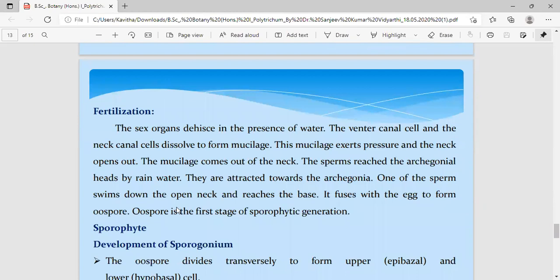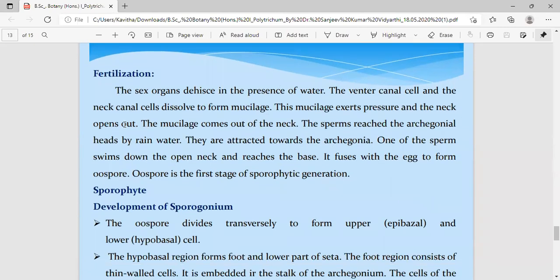So that is about the antheridial head and the archegonial head of the Polytrichum, where we can see a dioecious condition, that is, both male plant and the female plant are separate from each other.